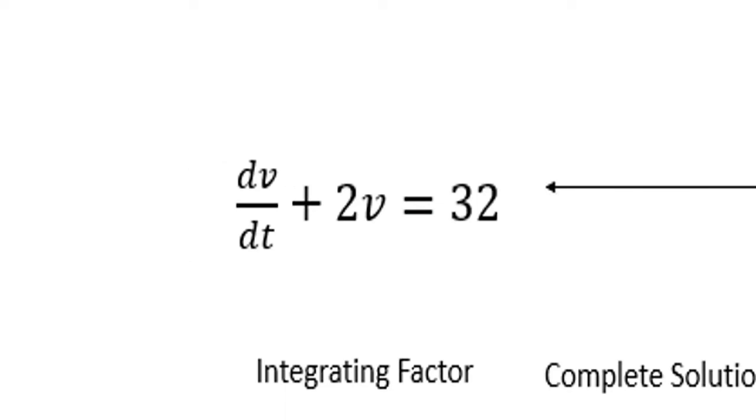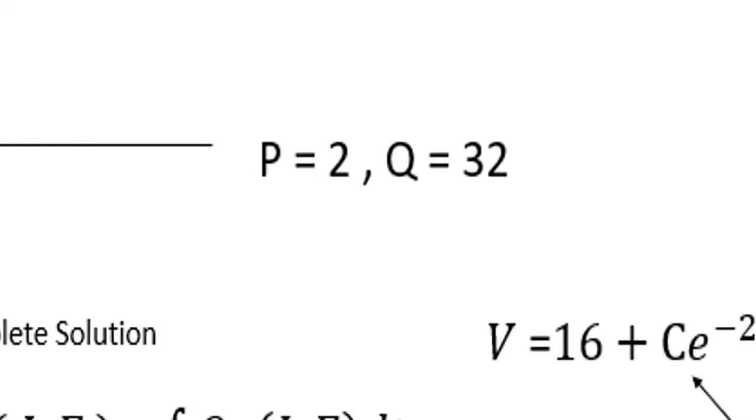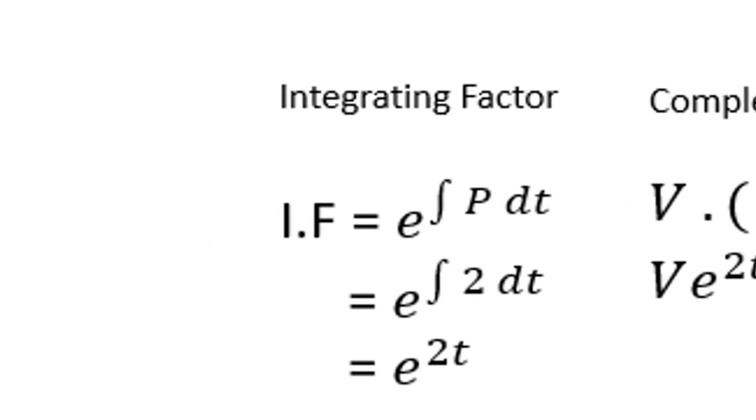From this equation, we get P and Q, where P is 2 and Q is 32. Then we can use the integrating factor. The integrating factor is e to the power of the integral of P dt, where P is 2, so we get e to the power of 2t.